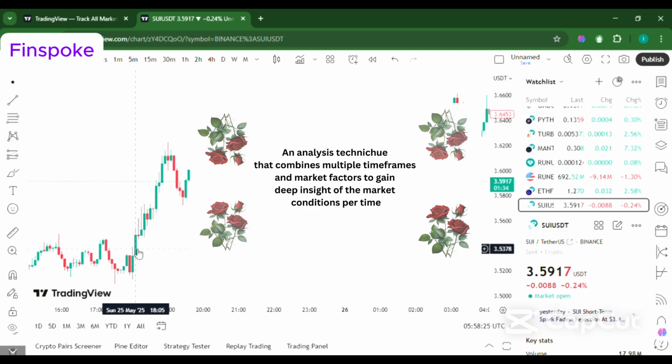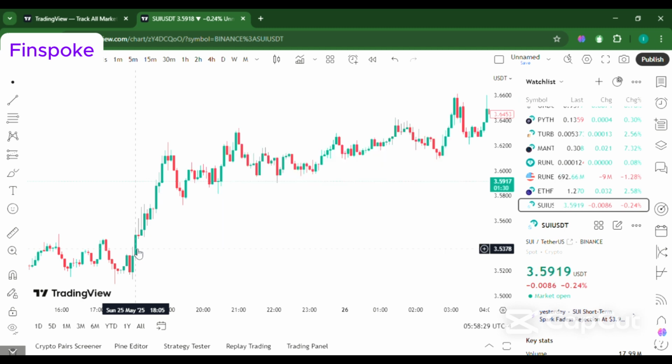What this means is that we analyze the market from the higher time frame down to the medium time frame and cap it up with the lower time frame in order to get a clearer view of the market at all levels before entering a trade.